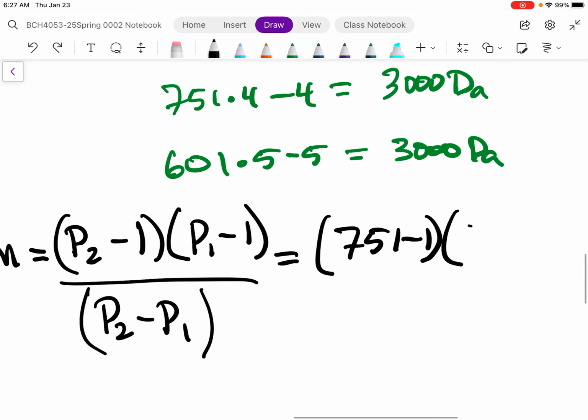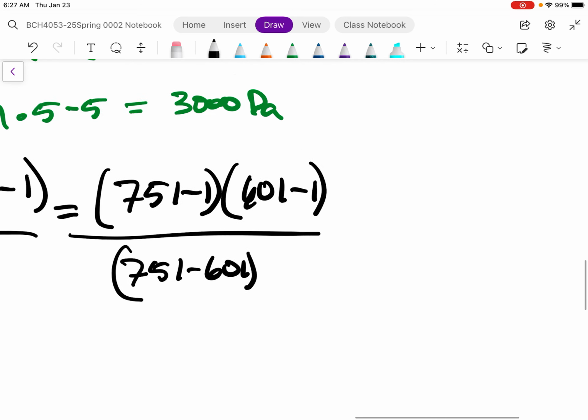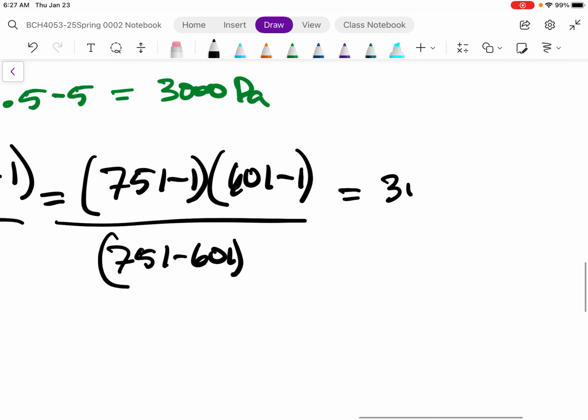We would go 601 minus 1 and 751 minus 601. Type that all in your calculator and that will also come up to 3,000 daltons. So there's two formulas.